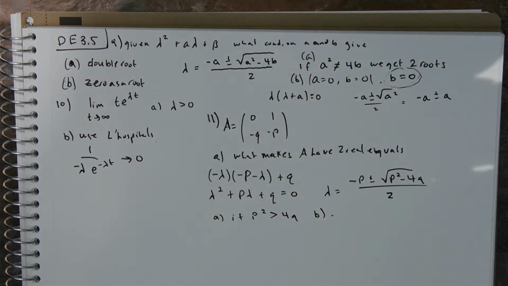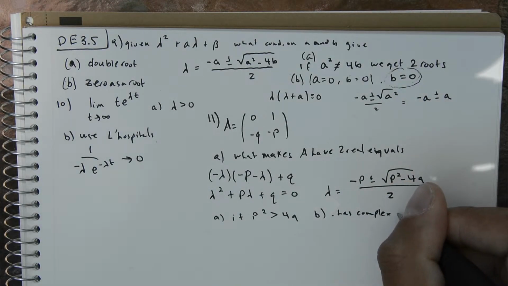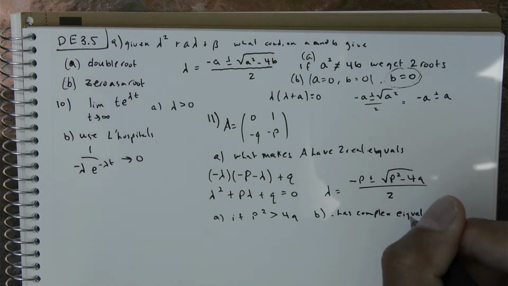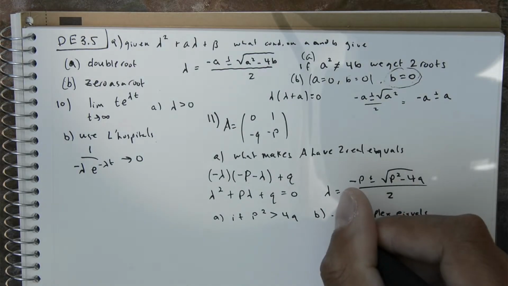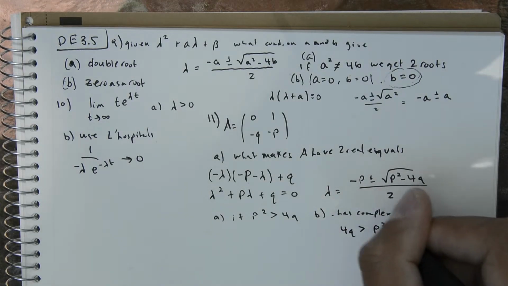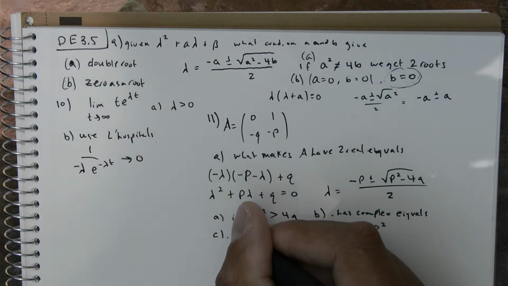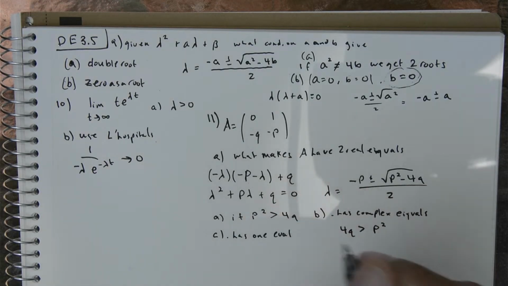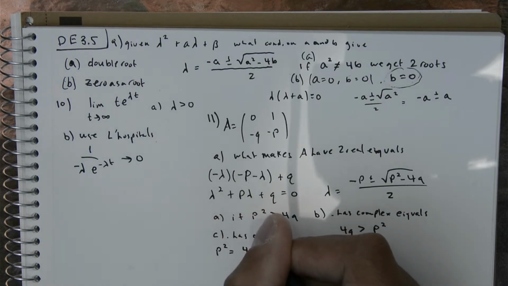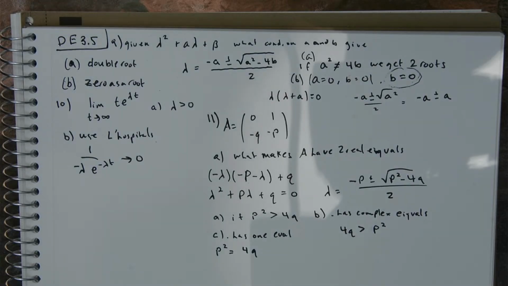Part B states it has complex eigenvalues, and that's going to be 4q is greater than p squared. Then part C has 1 eigenvalue, and that's going to be the condition that p squared is equal to 4q, because this goes to 0, and then you only have one root at minus p over 2. All right, that's problem 11.